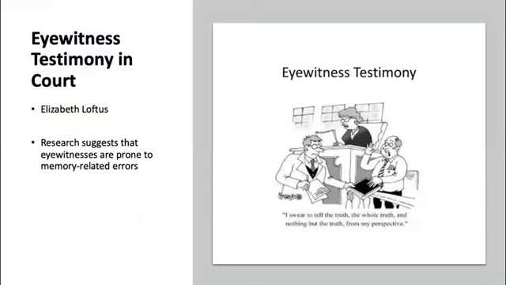But research has shown that eyewitness accounts are largely inaccurate. Research has suggested that eyewitnesses are highly prone to memory related errors, which again can problematically lead to false convictions. Things that can influence these things. So, as I just mentioned before, emotions surrounding an event can influence your memory of it, right?